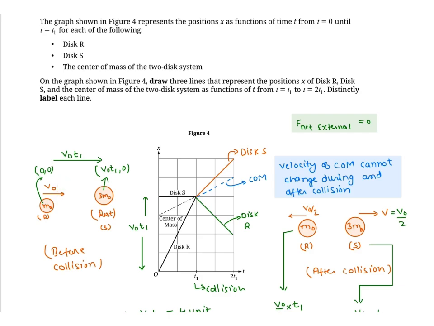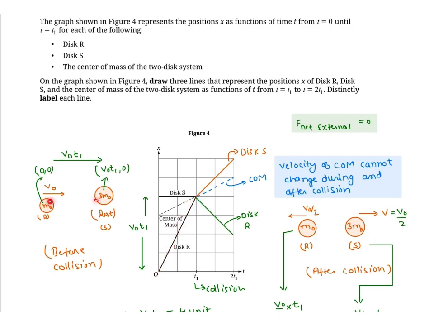So you can see here, disk r, as time is increasing, its x coordinate is changing. But at the same time, since this 3m naught, which is disk s, is at rest, its x coordinate is constant. So it is not moving, while this disk r is moving with velocity v naught.